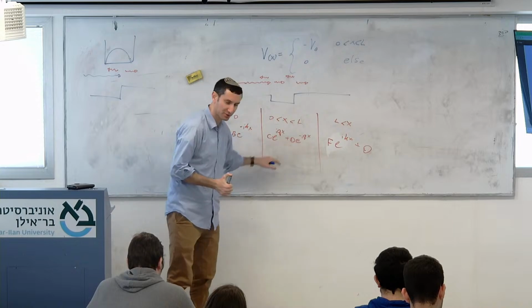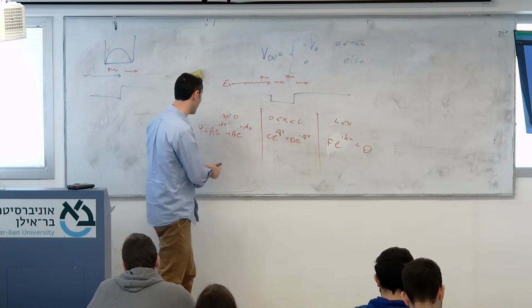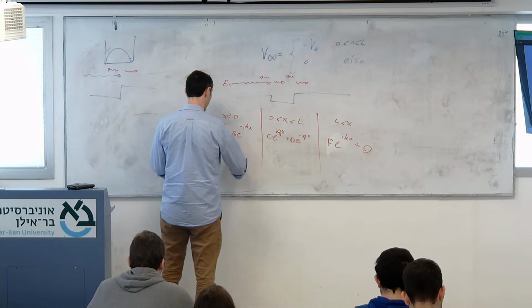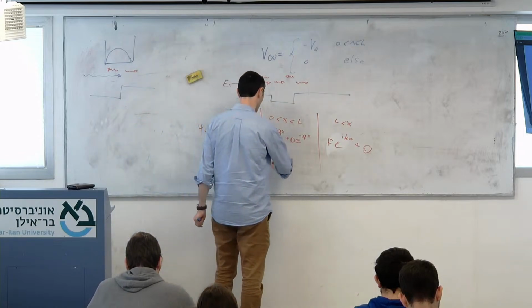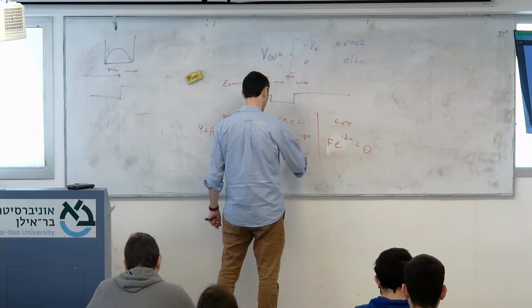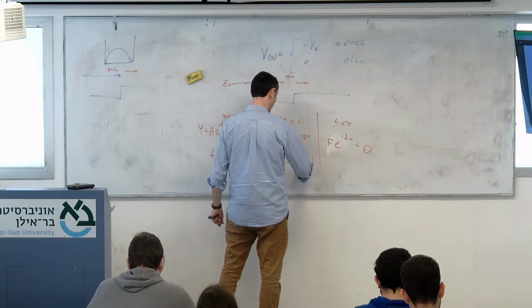And I would require continuity of the function, continuity of the derivative, etc. Here k would be the square root of 2mE over h bar. And here q would be the square root of 2m times E plus V naught over h bar.